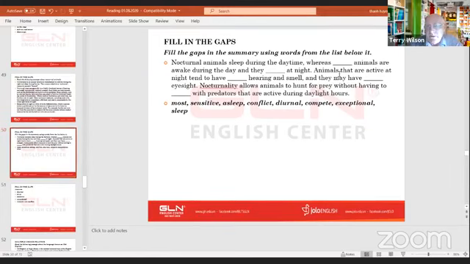So clearly for the first one, it's going to be some type of animal. For the second one, something they do at night. Then we have something about their hearing and smell, and something about their eyesight. Without having to, so it could well be a verb as the answer for the last one. And we have to match one of these words to fill in the gap.